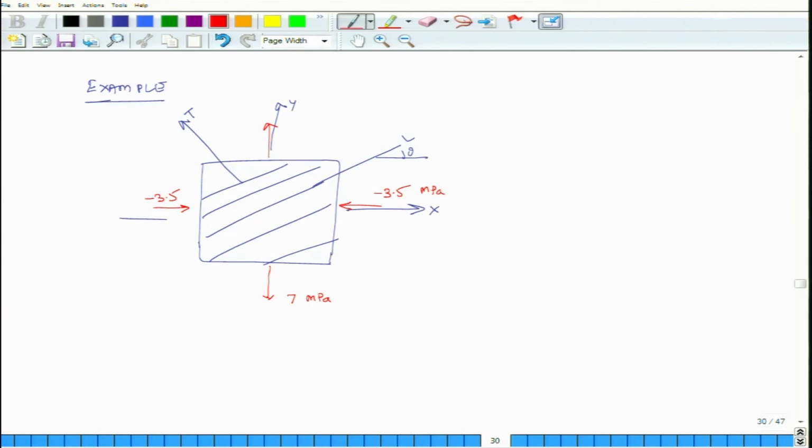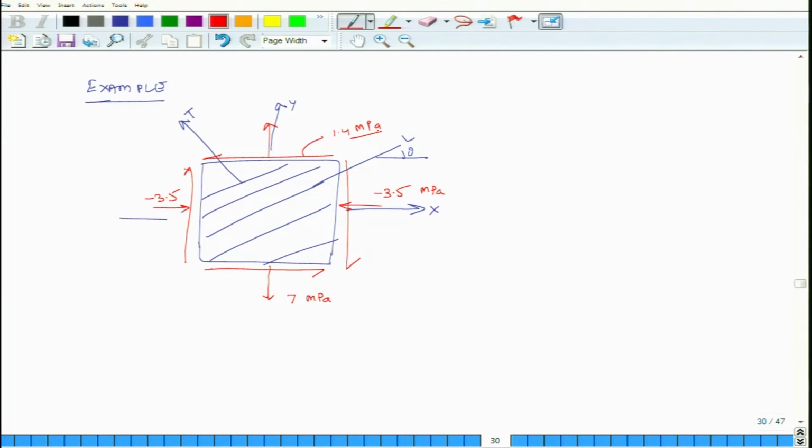And finally, it is experiencing shear stress, and this value is 1.4 MPa.